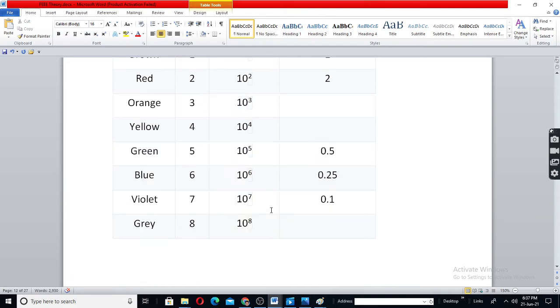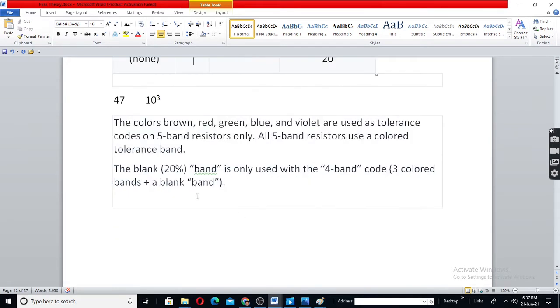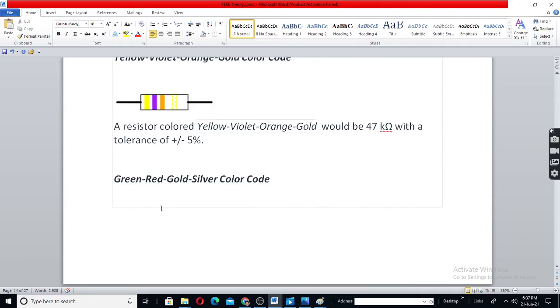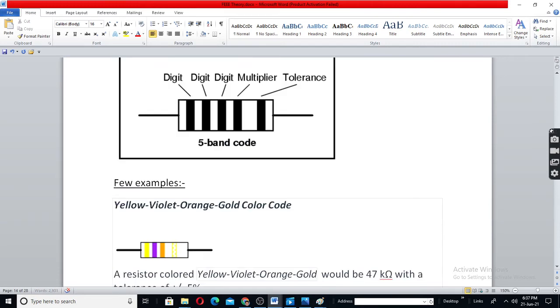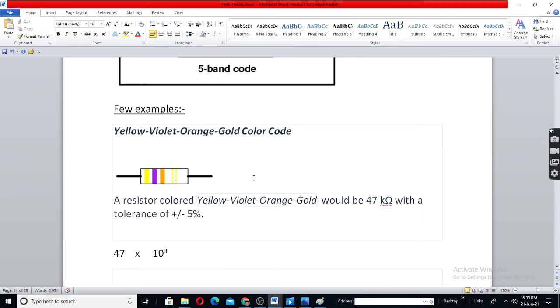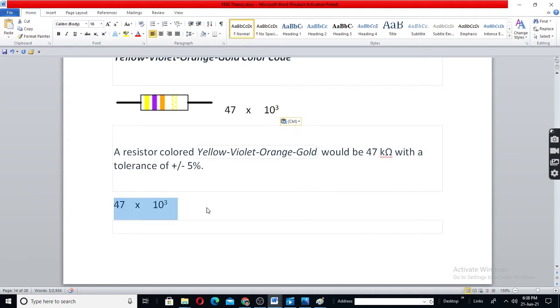Multiplier means it is 10 to the power of something. So it will be 47 kilo ohms.